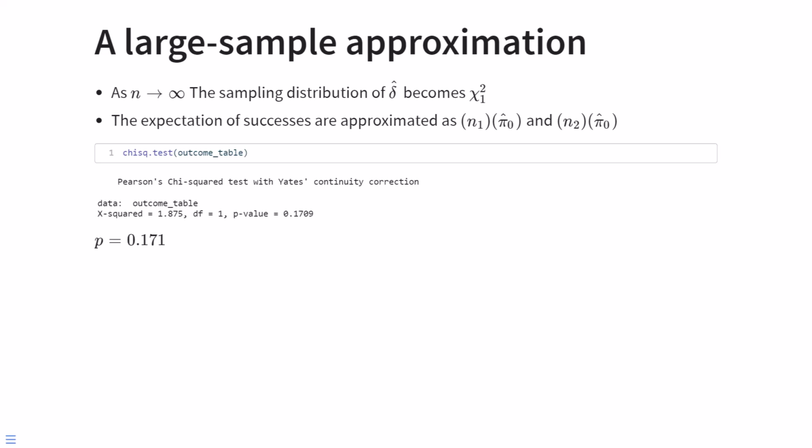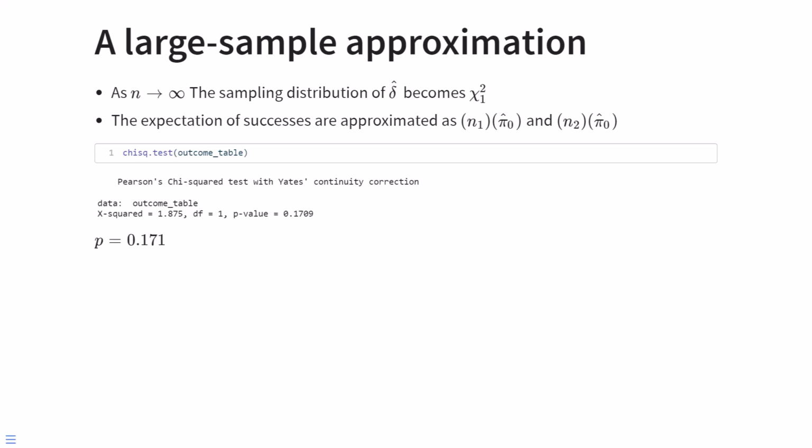But as n goes to infinity, the sampling distribution of delta hat becomes a chi-square with 1 degree of freedom. And we estimate the expectation of successes, because remember a chi-square is going to take observed minus expected.